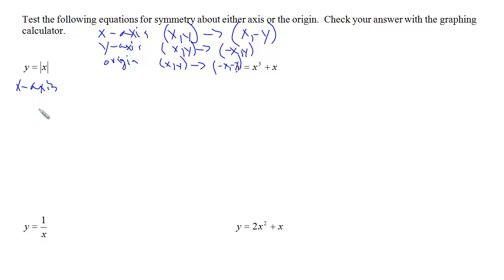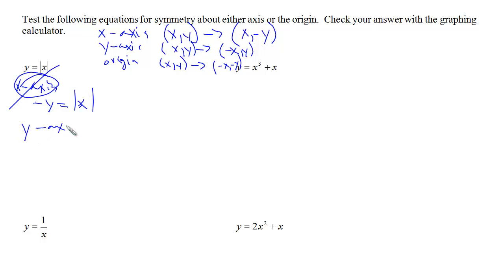But to check here, I'm going to plug in my negative y equals the absolute value of x. So is this statement equivalent to this statement? Well, if I plug in any value for x, let's take 3, what do I get for y? I get 3. If I plug in 3 here for x, I get negative 3. So that doesn't check. So negative y equals the absolute value of x does not check for the x-axis. So I'll just put a slash through there.